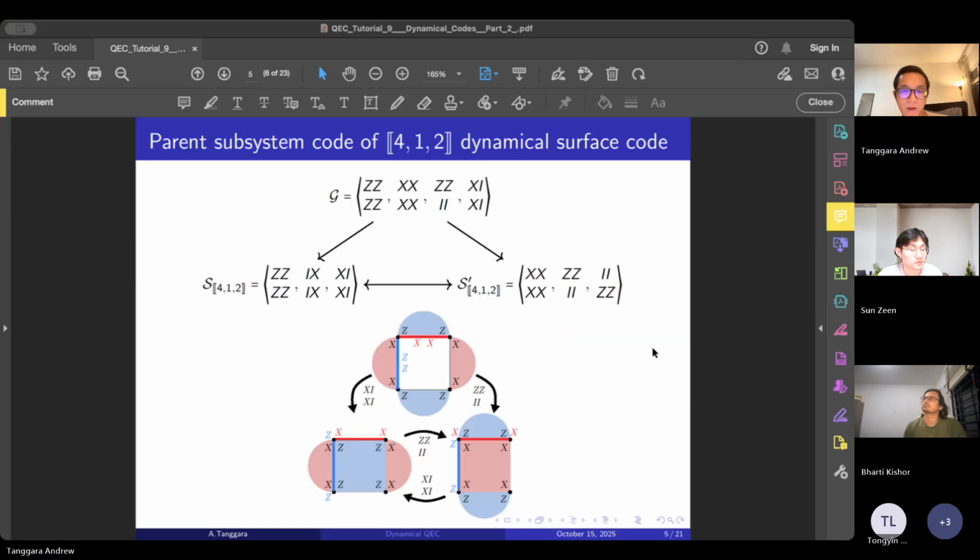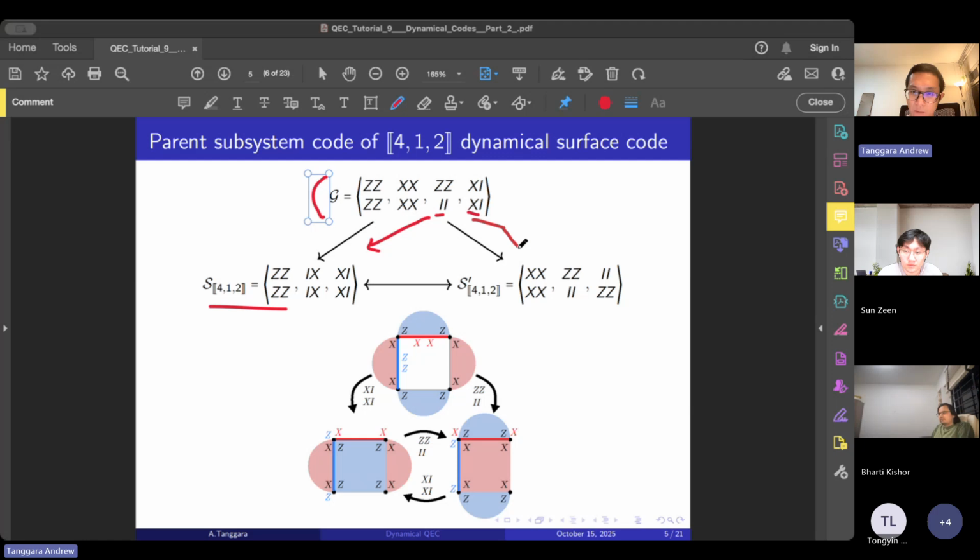So we basically have this diagram. From this gauge group corresponding to that 4112 subsystem code, if I measure this one, I go that way and get this stabilizer group. If I measure this one, I go that way and get this stabilizer group S prime.